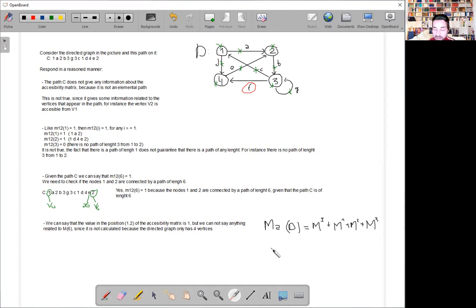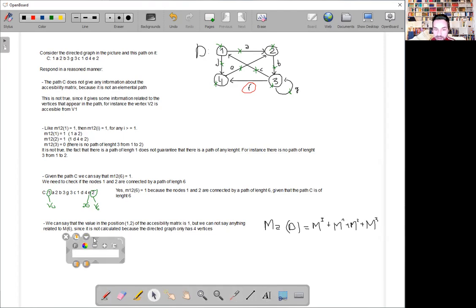And they say that we know the position 1, 2 of this matrix, but we cannot say anything related to M6, because we don't need M6 to calculate the accessibility matrix.